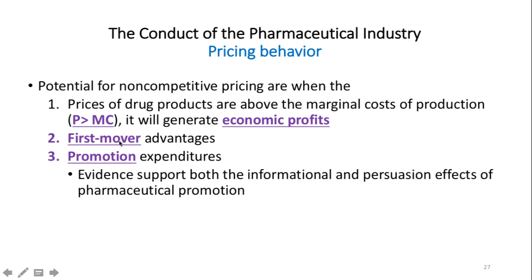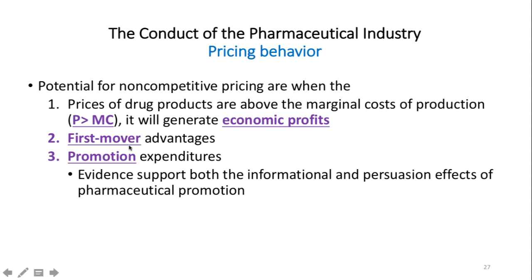The second factor that creates the potential for non-competitive pricing is the first mover advantage, that they have this advantage of setting their own price and quantity and market share for the time of the patents.